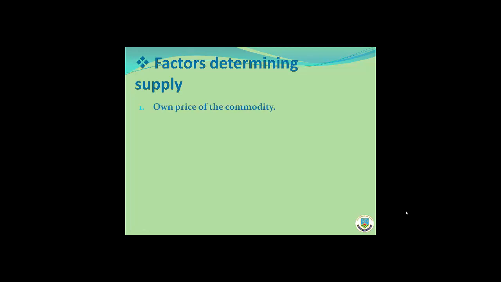First, factors determining supply: price of the commodity. Price is the main factor that influences the supply of a product. It means as price increases, the quantity supplied of the given commodity rises and vice versa.